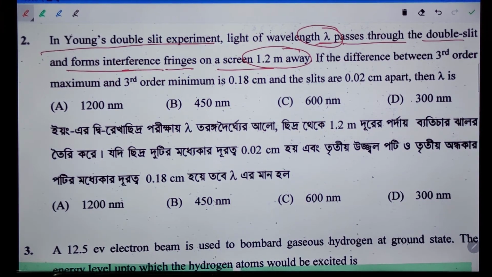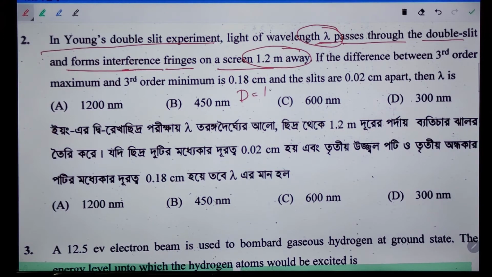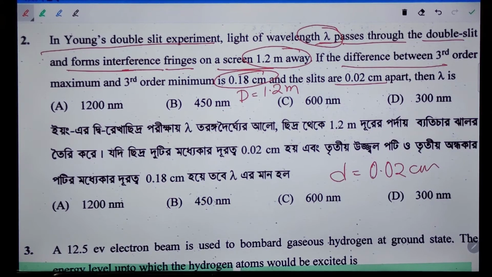So the value of D is given over here, 1.2 meter. The difference between third maxima and third minima is 0.18 centimeter. The slits are 0.02 centimeter apart. That means the value of d is 0.02 centimeter. So basically we will have to find the value of lambda.